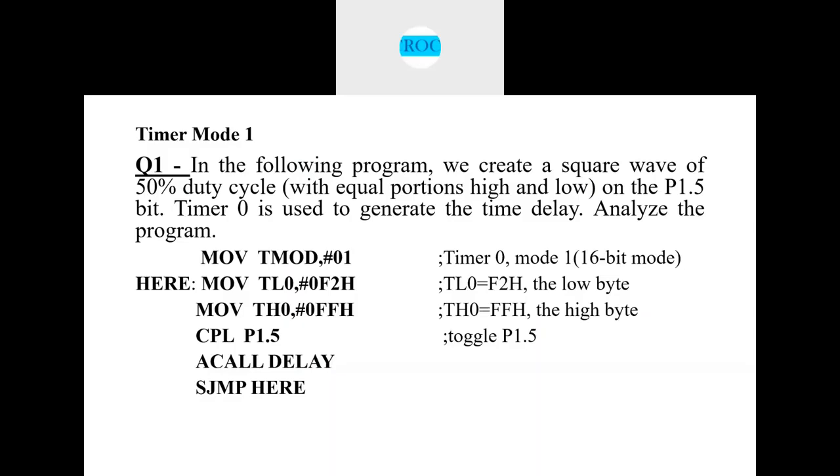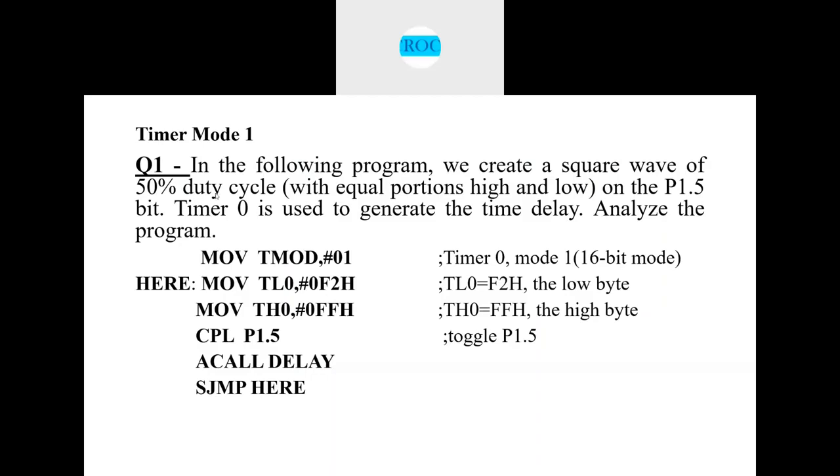In a square wave, we have an on period where the signal is high, and an off period where the signal is 0. When I say 50% duty cycle, it means the on period is equal to the off period.